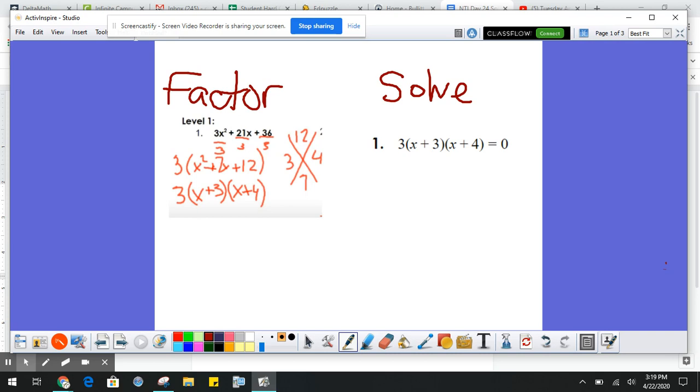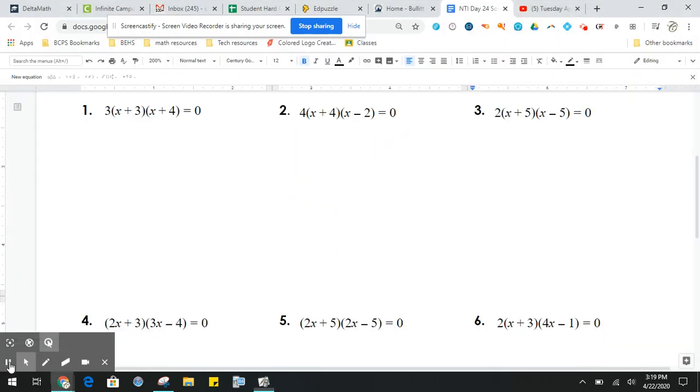And if I changed one more thing in this question, and I made it into an equation where it said equals 0. Once it's an equation, I can solve it. So this number 1 from day 16, the answer to it, we're going to just finish working out the problem today, is going to be your number 1 on today's worksheet that you're going to get to see.